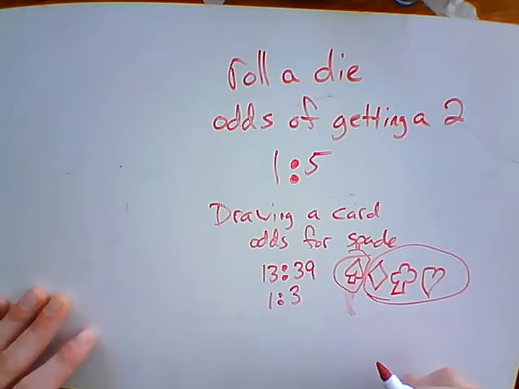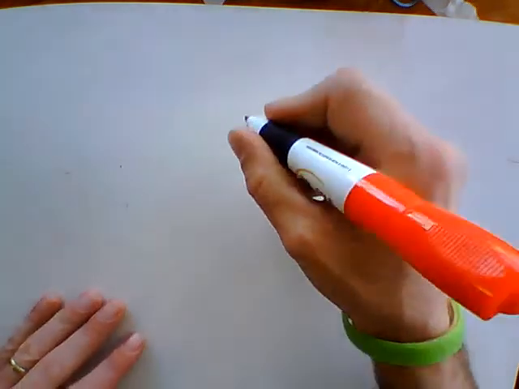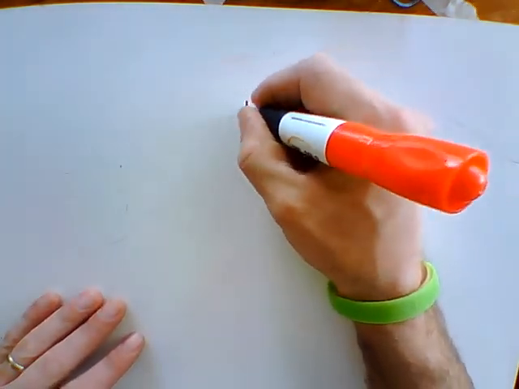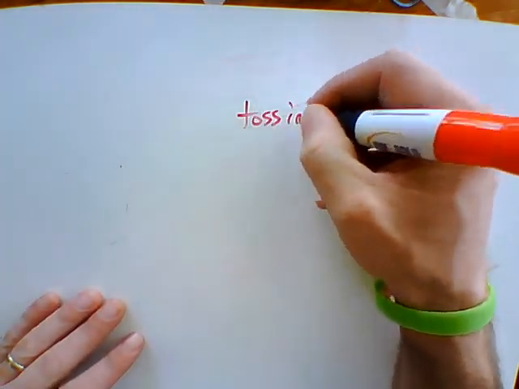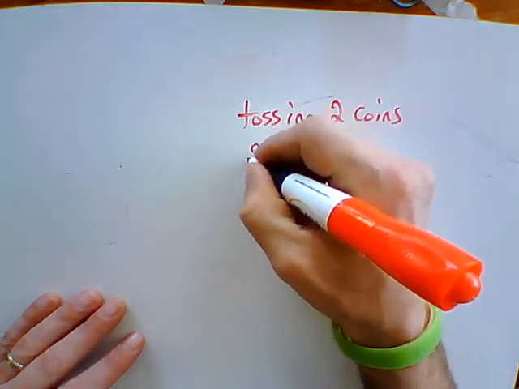And if I'm tossing 2 coins, I know I'm throwing a lot of this at you fast, but I figured you guys can pause and go back. Tossing 2 coins and getting 2 tails.